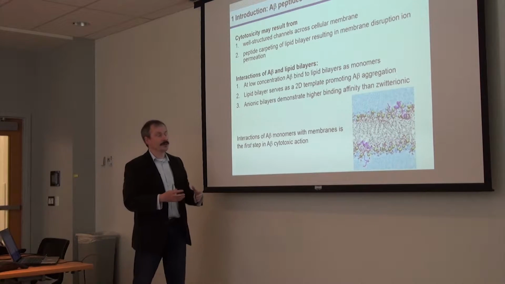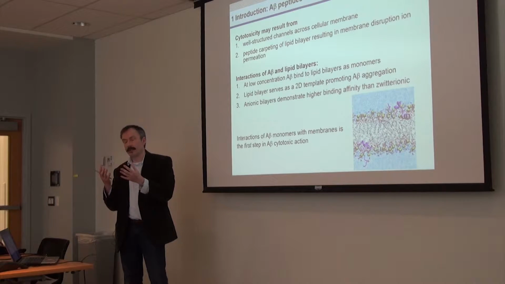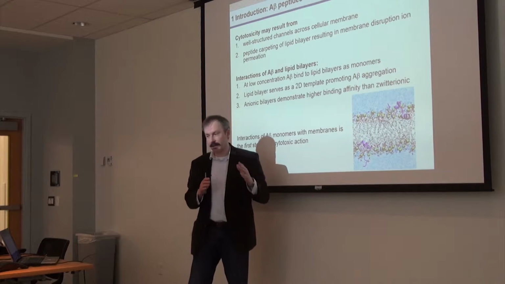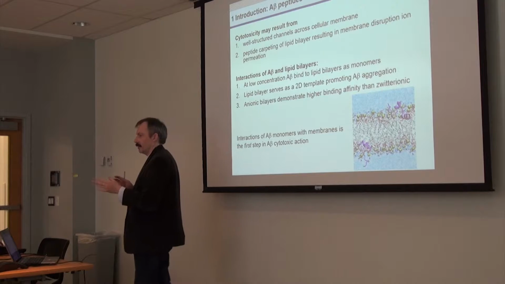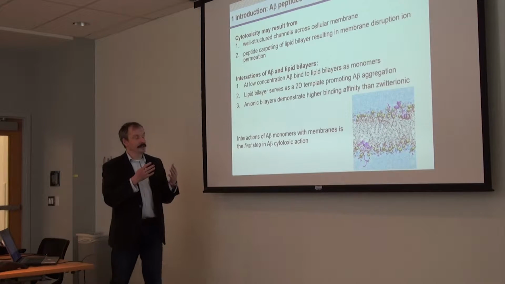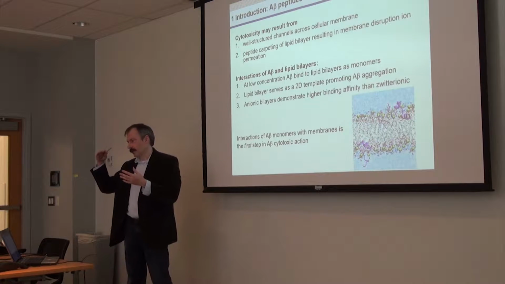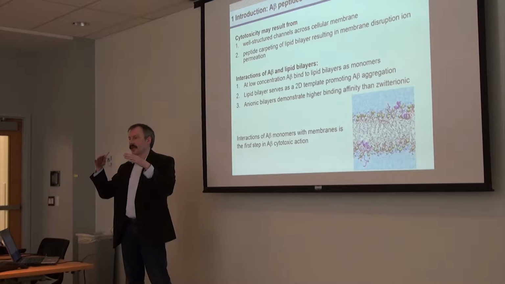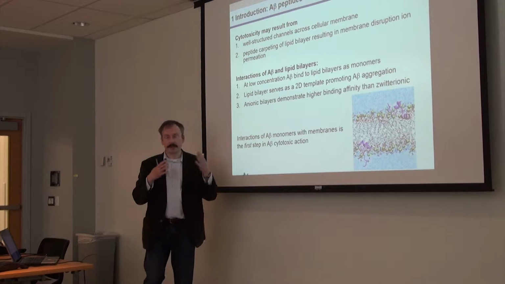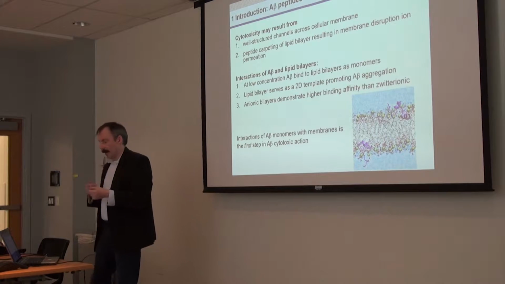One is the formation of well-structured channels in the membrane, and, according to my knowledge, probably the first to articulate this was Arispe at NIH back in '94. Or it could be a carpeting mechanism, when the A beta peptide, bound to the bilayer, produces sufficient structural disorder in the lipid organization so that, for example, ions can permeate uncontrollably through the bilayer.